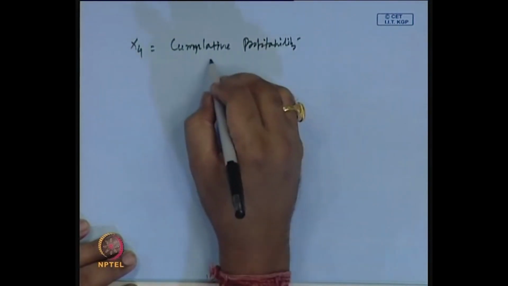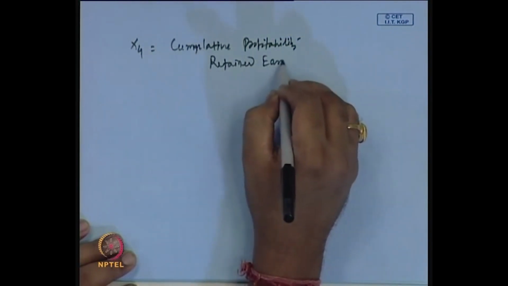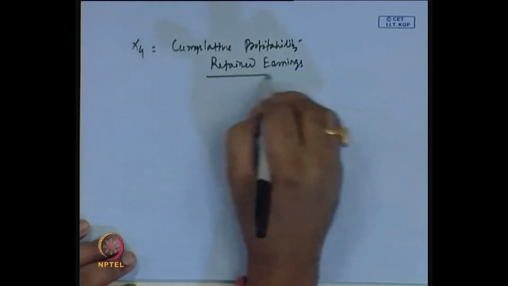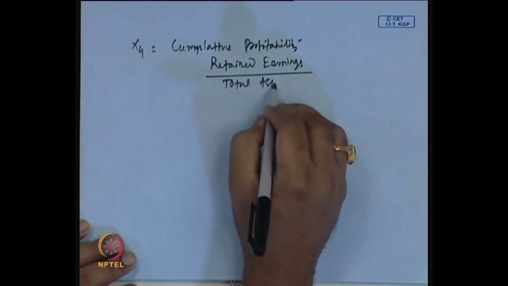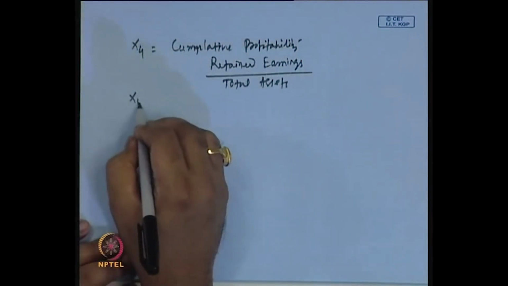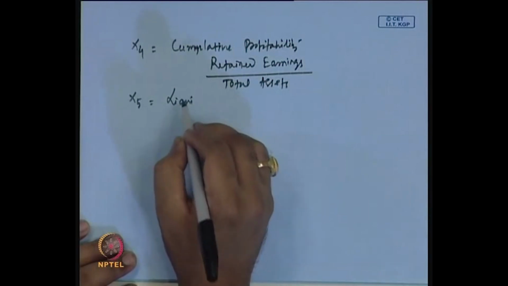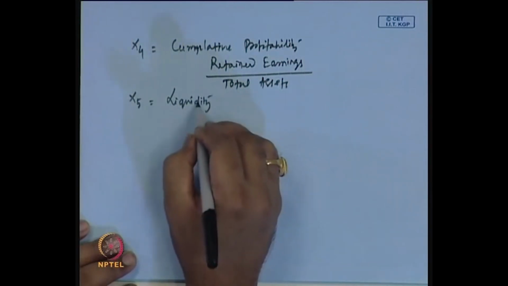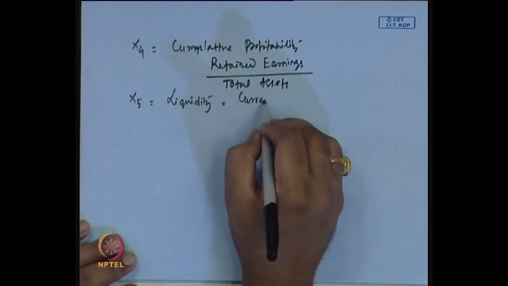It is basically the retained earnings divided by the total assets, and x5 is the liquidity, which is nothing but the current assets by current liabilities.